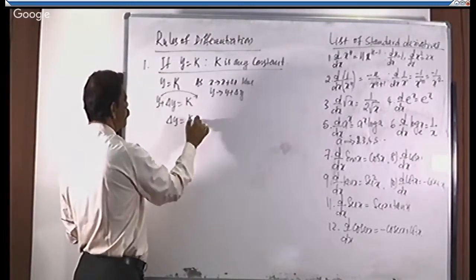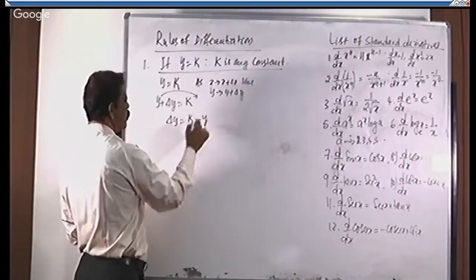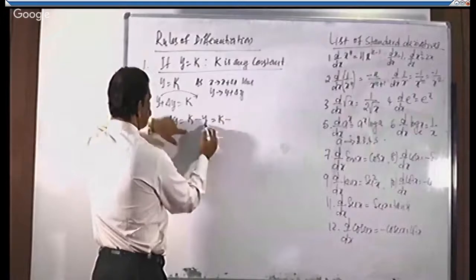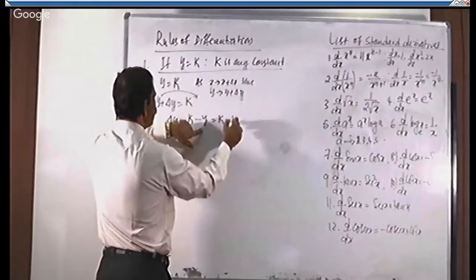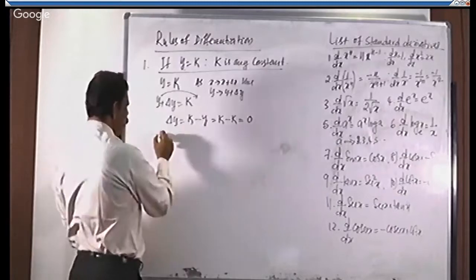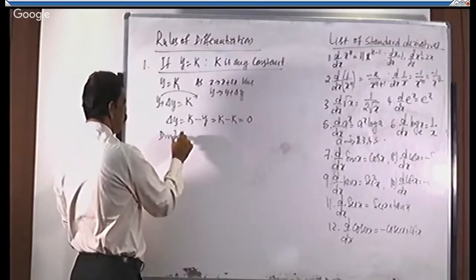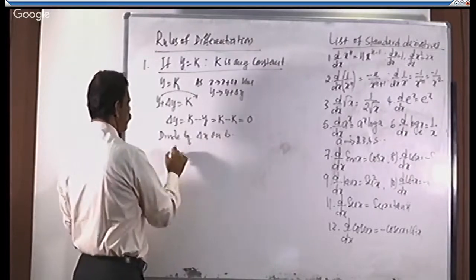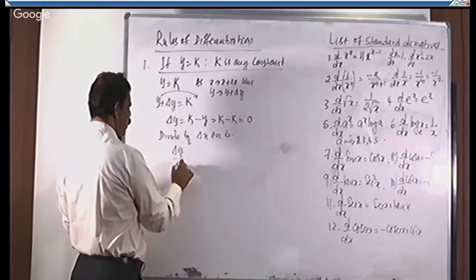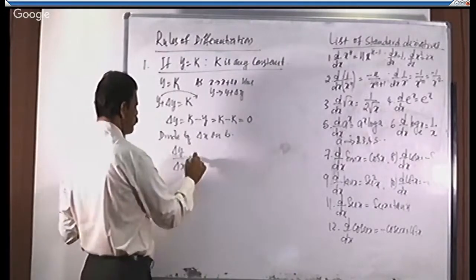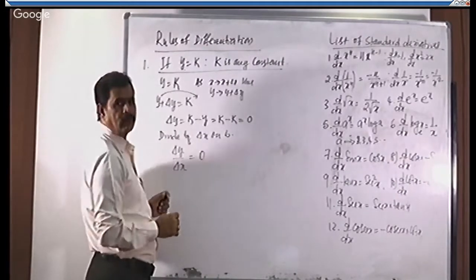Transfer y to this side, that is minus y. Then k minus y, and y is also k, that is equal to 0. Then divide by delta x on both sides. So the incremental ratio delta y by delta x is 0, right?